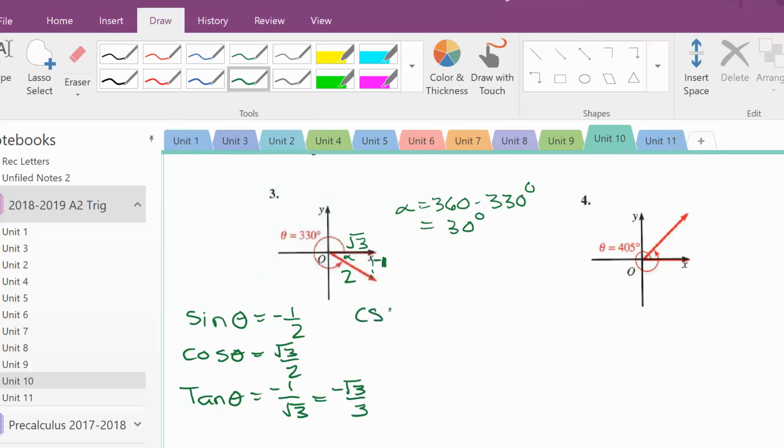The cosecant is the reciprocal, so it's -2 of the sine. The secant is 2 over rad 3, which is 2 rad 3 over 3. And the cotangent is the reciprocal here, so it's just negative rad 3, because it's the reciprocal of the original, not the rationalized version.